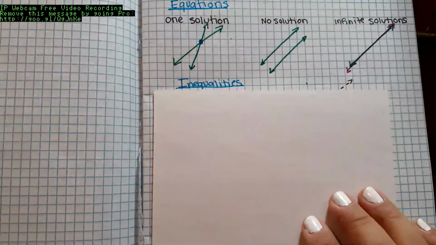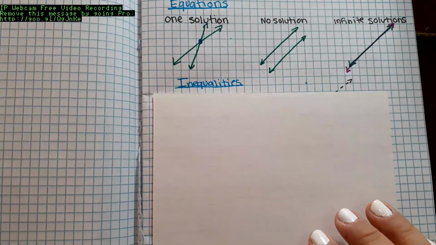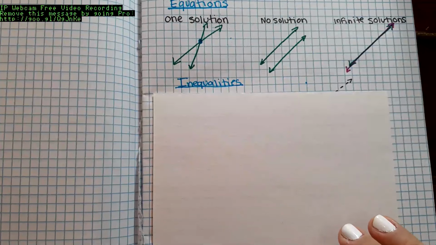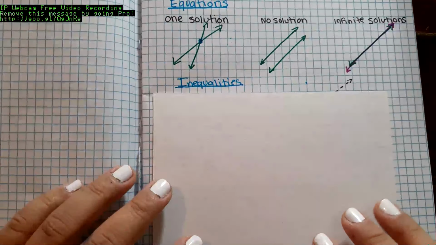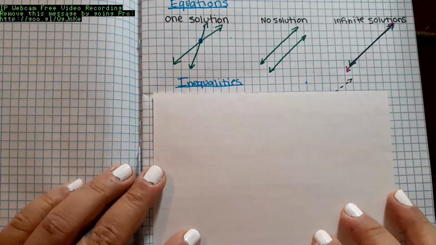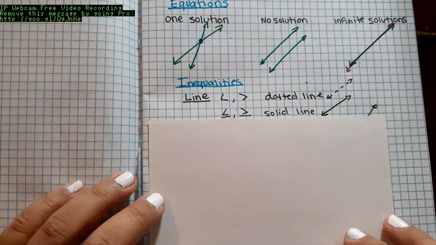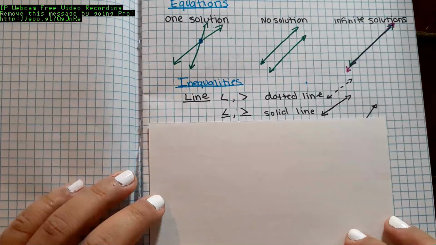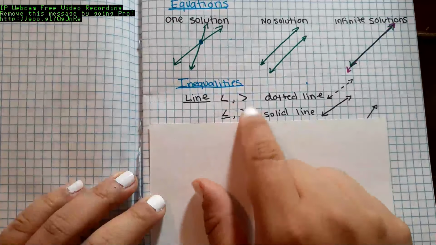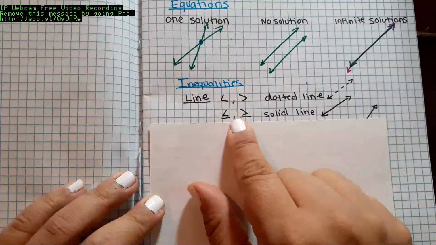So let's go ahead and talk about inequalities. Like I said, it goes a little more into detail about how to solve systems for inequalities. The first thing we have to look for are the signs of the inequalities that we're given.